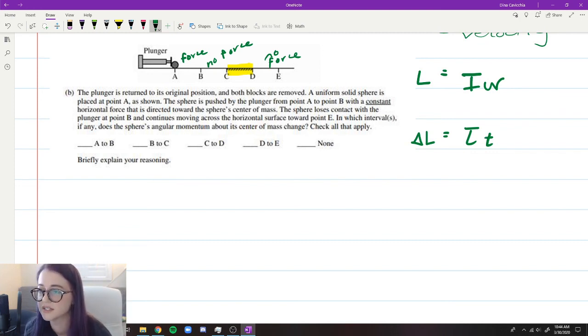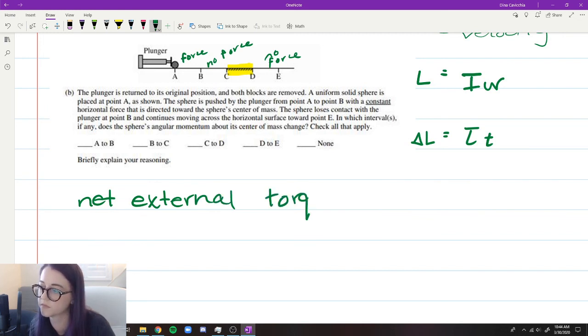So where does our angular momentum change? Well, where do we have a net external torque? So we're going to have a net external torque from C to D.